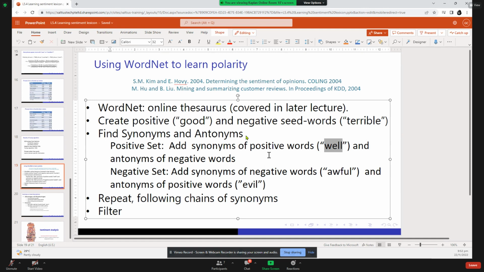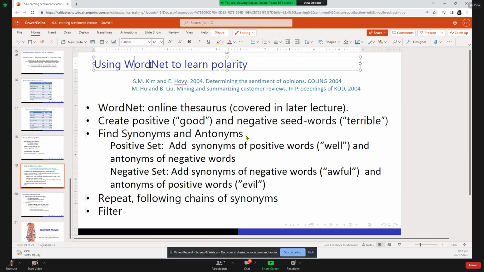So synonyms of the positive words and antonyms of the negative words are being added to the positive set. To the negative set, we are adding the synonyms of the negative words like awful and antonyms of the positive words like evil, and we are repeating this, following the chain of synonyms as and when required.